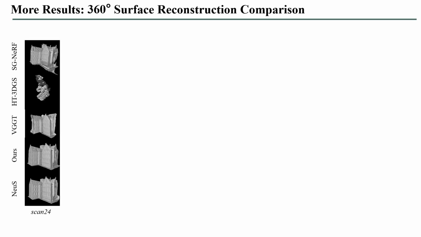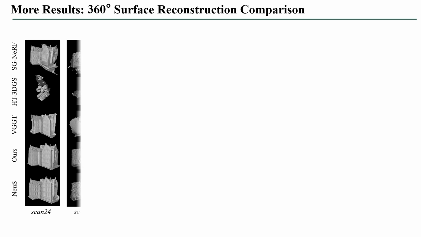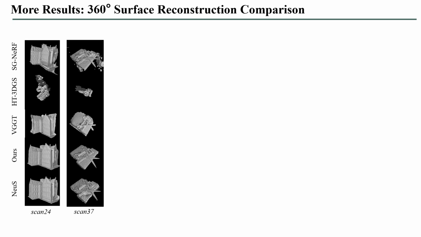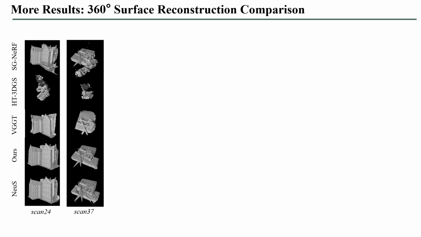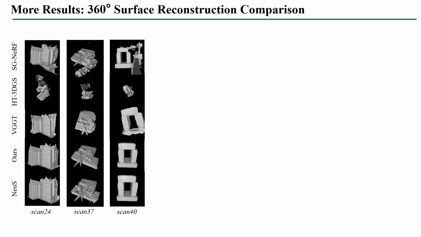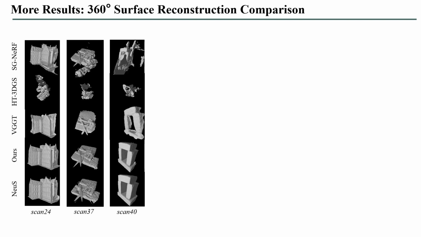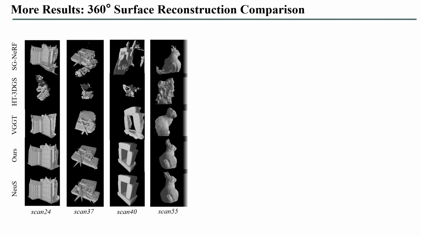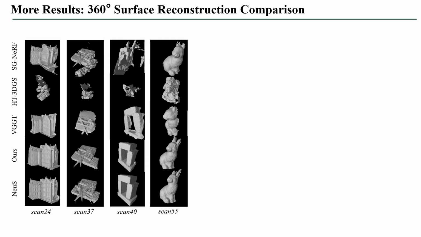This slide shows 360-degree mesh comparisons across multiple DTU scans. With continuous rotating viewpoints, this visualization makes it easier to observe not only local details, but also global surface completeness and structural consistency.